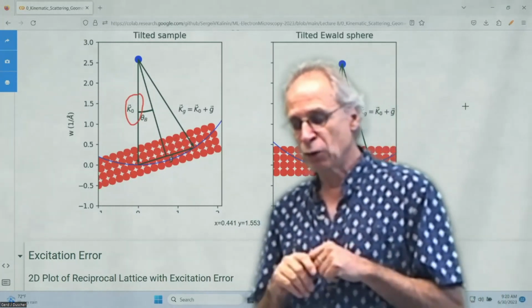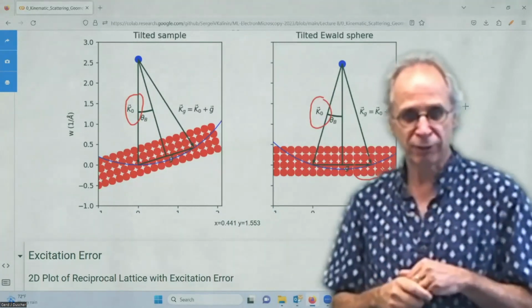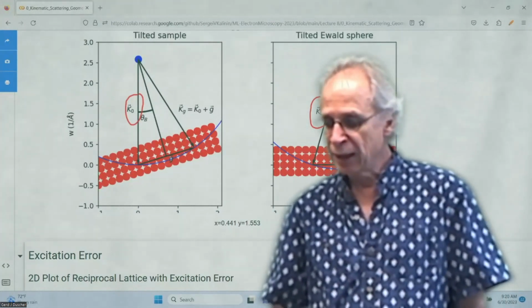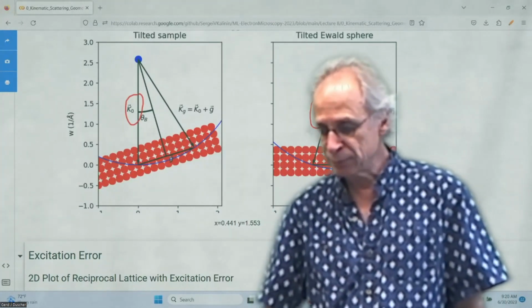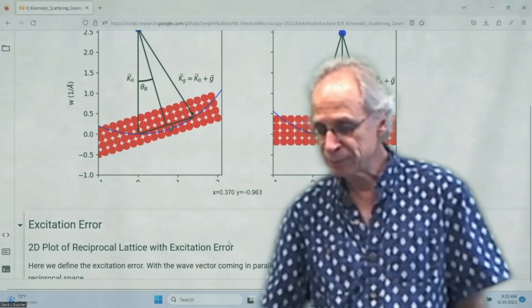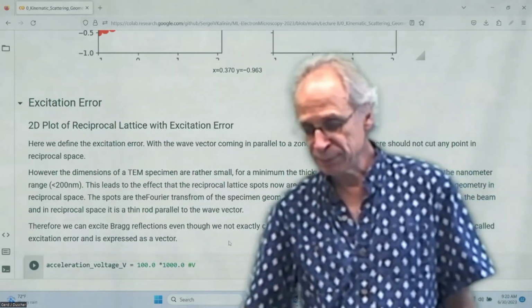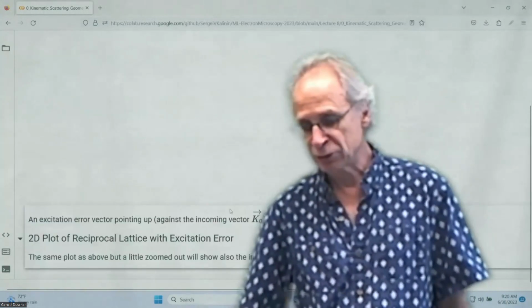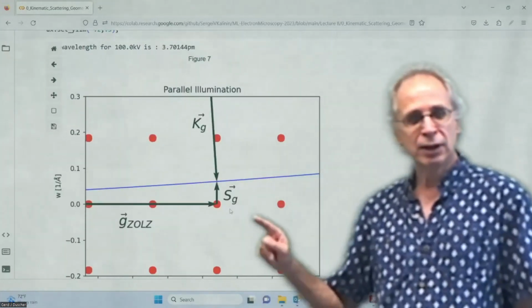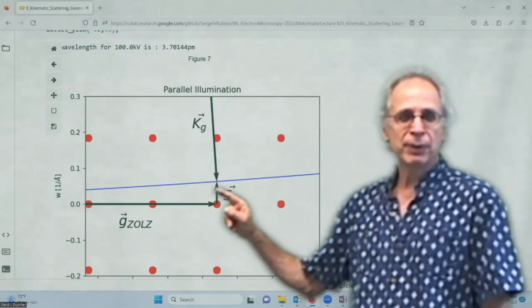Okay, so we have this exact Bragg condition, and it is relatively rare, or you have to really work on that. But if you look at a diffraction pattern, and now we have 100 kV, we will have a Bragg peak even though we are a little bit off our Bragg condition.